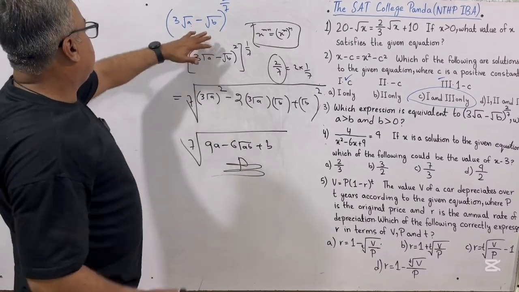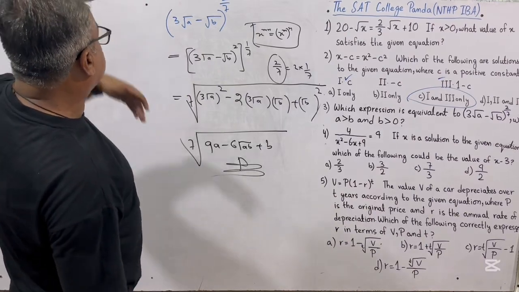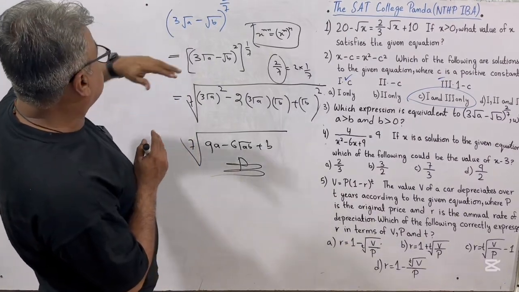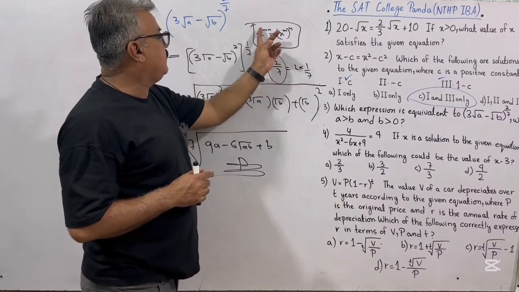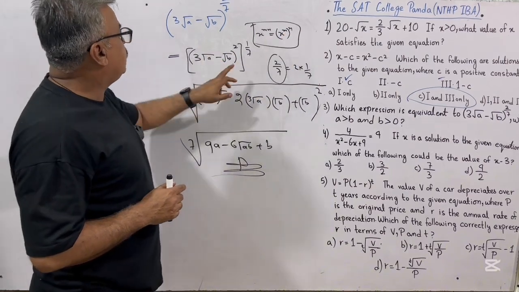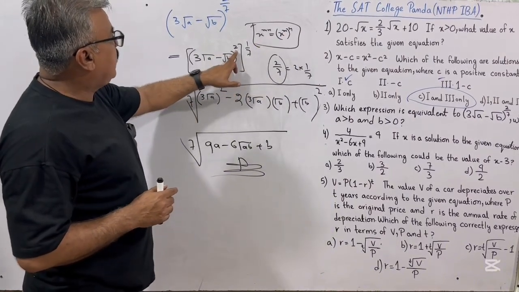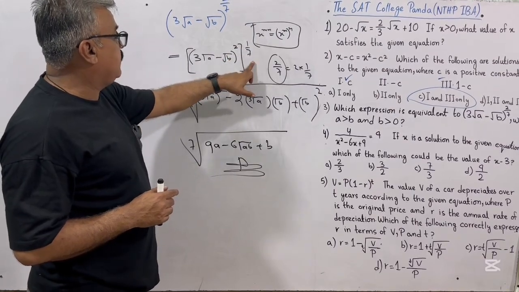Look at this. At first, it seems to be a nasty bouncer. Try to negotiate it. 2 upon 7 can be written as 2 times 1 over 7. x raised m times n can be written as (x raised m) overall raised n. Utilizing this fact here, (3 times root a minus root b) square, times 1 over 7.